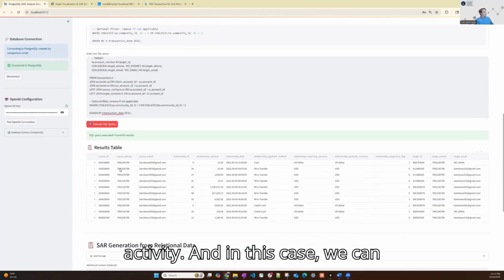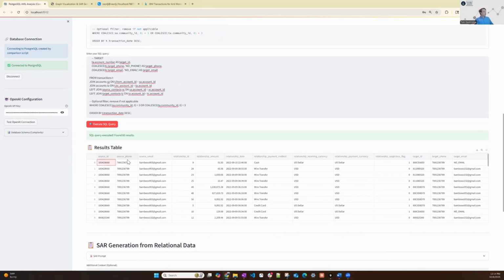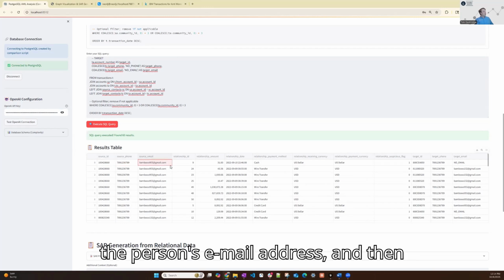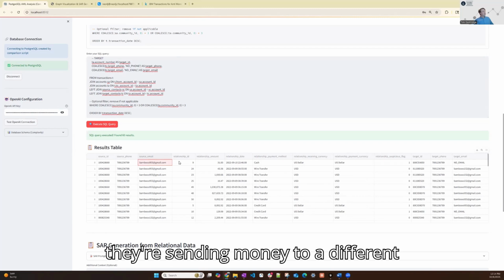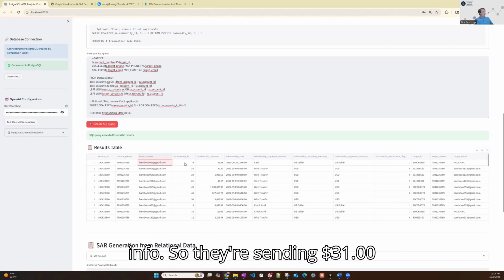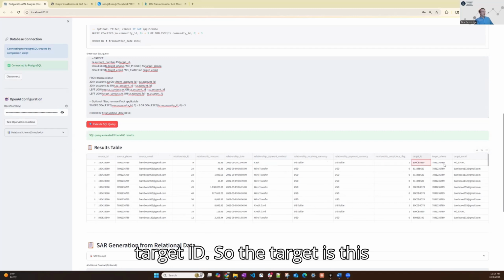And in this case, we can see we have a source ID representing the bank account. We have the person's phone number, the person's email address, and then they're sending money to a different person. So this is the relationship info. So they're sending $31 via cash to this target ID. So the target is this account number.